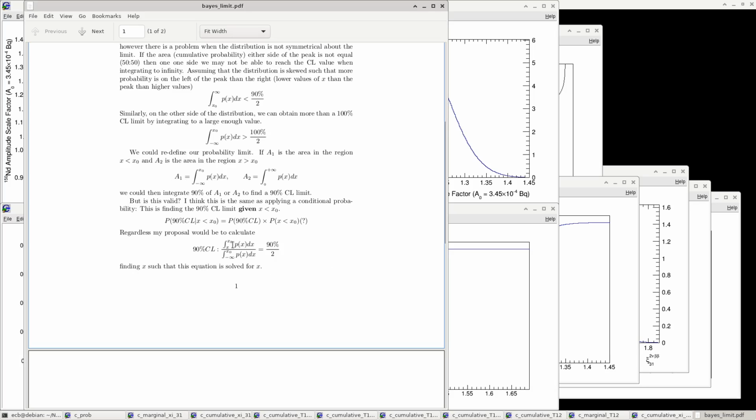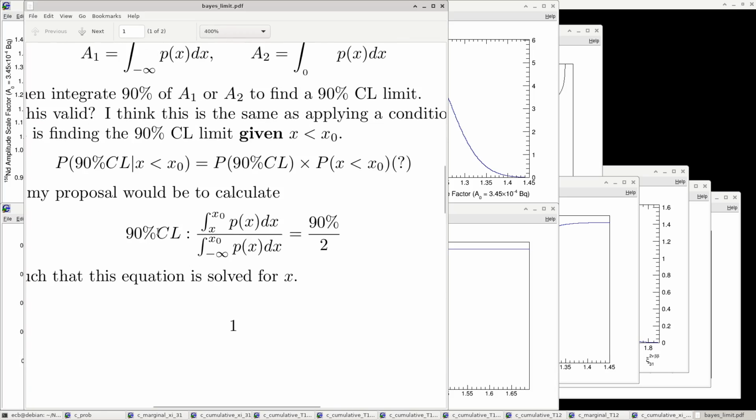So if I just zoom in, if we wanted to find a 90% confidence level, the proposal would be to first integrate to infinity to find the total area on one side from the peak being this x0, and then solve this equation. So we would find a half of the confidence level, but multiplied by the area we have.